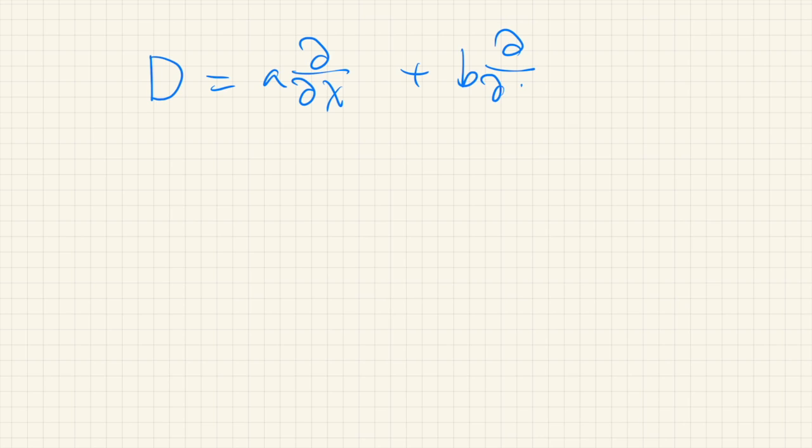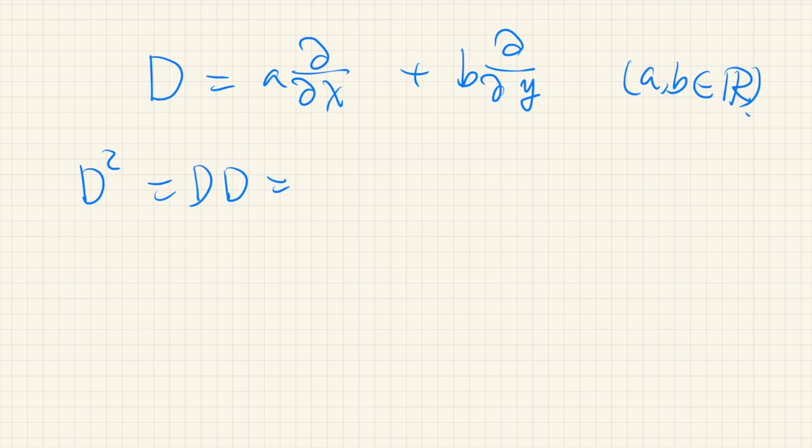Now let's consider this differential operator again, a d/dx plus b d/dy, where a and b are real constants. Okay, so the square is of course this times this, the same thing twice.